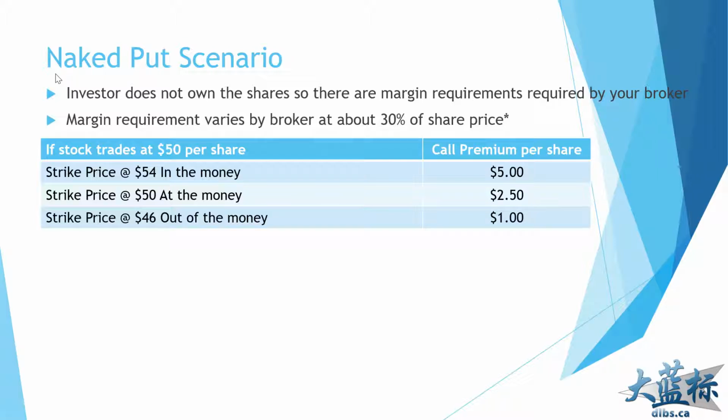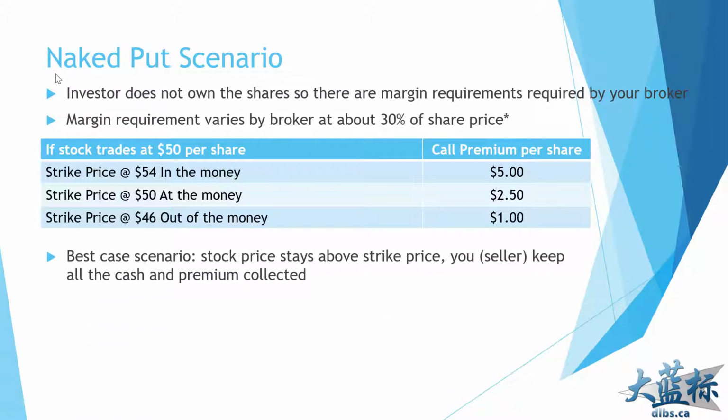If you actually sold a $54 contract, it's in the money by $4. So there will be a higher premium per share associated with that. And likewise, if the strike price was $46, that's a little bit out of the money, you would have to take less premium. So this allows you to select how much risk-reward ratio you would like to live with.